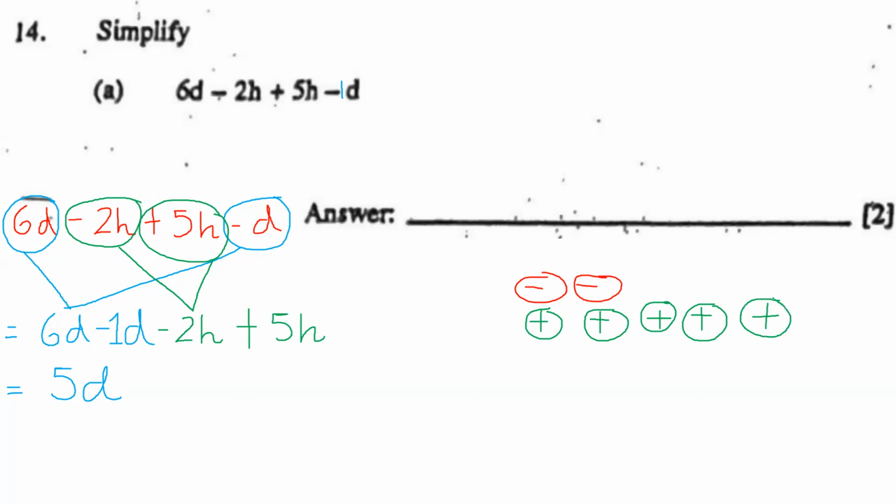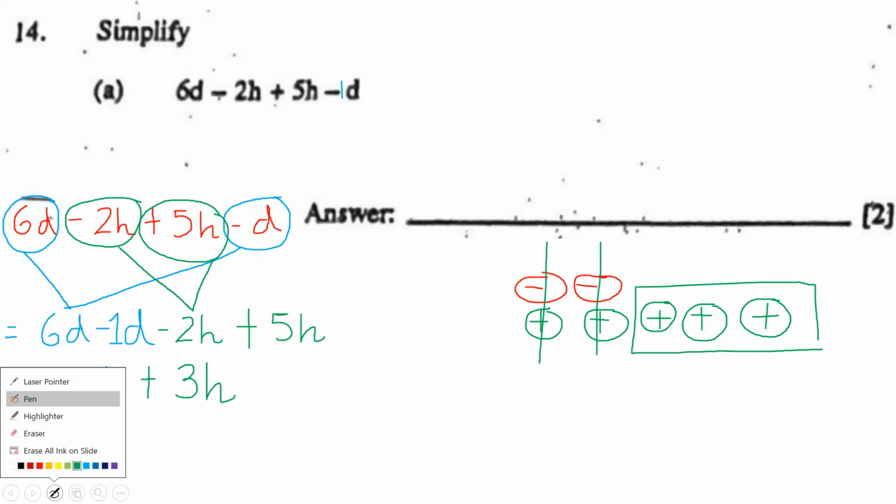And so let's cancel. The plus and the negative cancel out. So we are left with what? 3 positives. It's going to be plus 3h. And so yes, we have 5d plus 3h. That's how we get it.